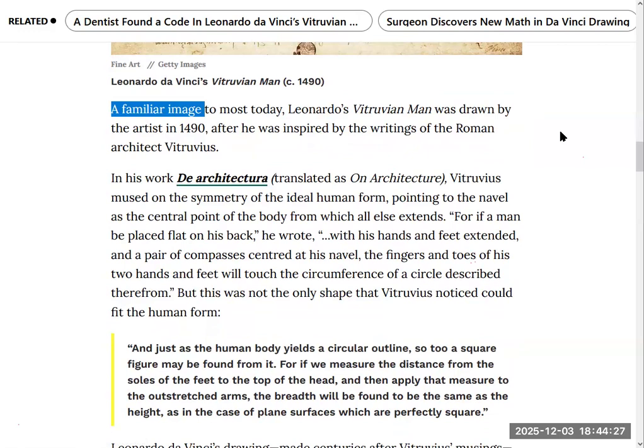In the work, the Architectura, translated as On Architecture, Vitruvius mused on the symmetry of the ideal human form, pointing to the navel as the central point of the body from which all else extends.